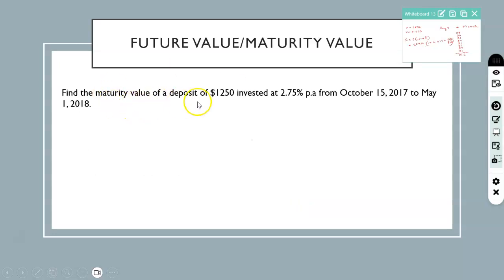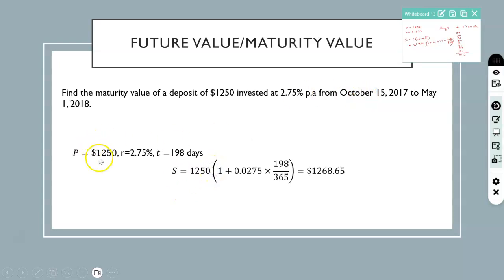Find the maturity value of a deposit of $1,250 invested at 2.75% per annum from October 15, 2017 to May 1st, 2018. So 1250 is your principal amount, 2.75% is your rate, and if you count the number of days from October 15 to May 1st, let's see the counting here.